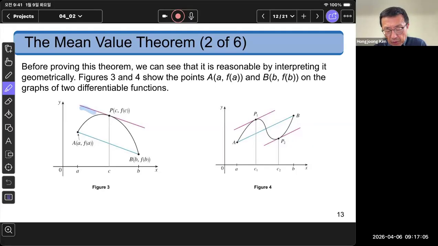So we have this point c in figure 3, and there may be more than one such tangent line which is parallel to the given secant line. Yes, there may be multiple such tangent lines.